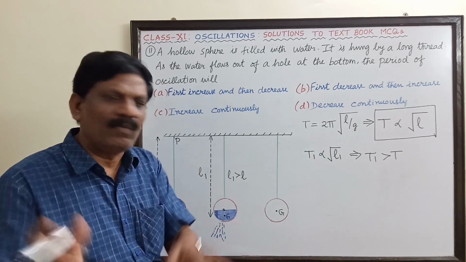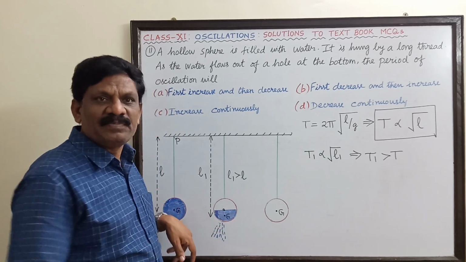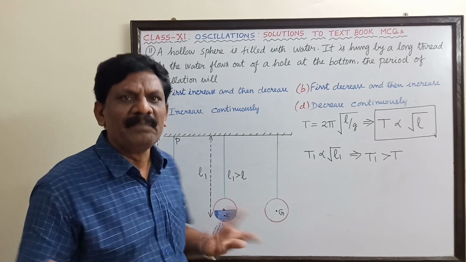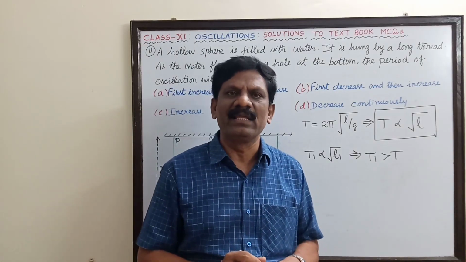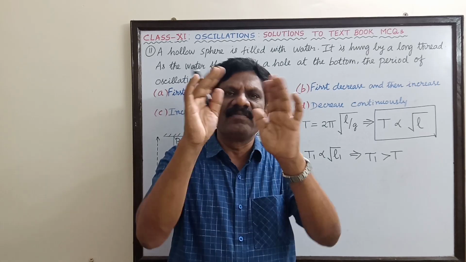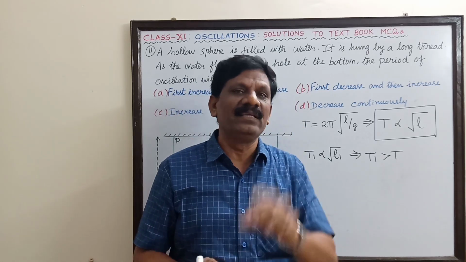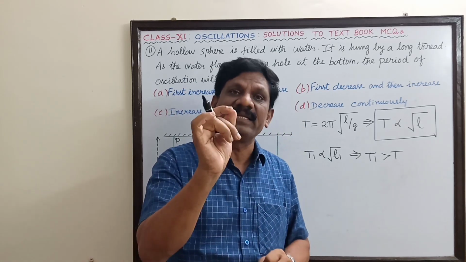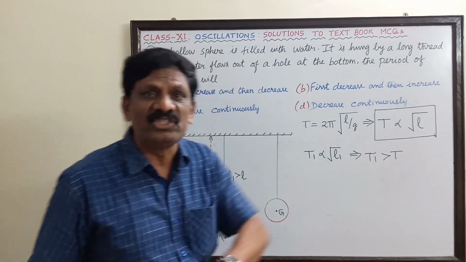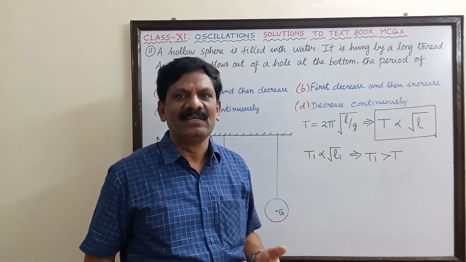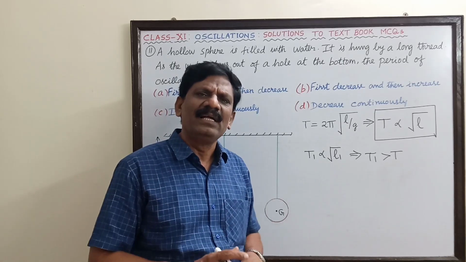If all of the water leaks outside, the sphere will become empty. An empty sphere is also made up of some material only. So where does the empty sphere's center of gravity lie? We have studied that even if it's a hollow body, it acts at the point which is the geometrical center. So once again G is shifted back to its original position because the sphere is totally empty now.